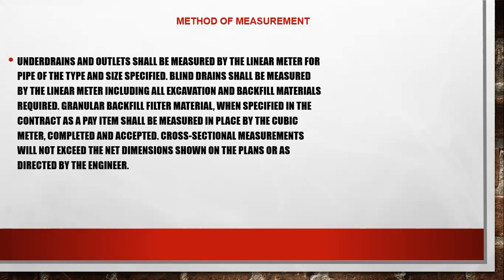Granular backfill materials specified in the contract as a pay item shall be measured in place by the cubic meter complete, and the accepted gross sectional measurement will not exceed the net dimension shown in the plans or as directed by the engineer.